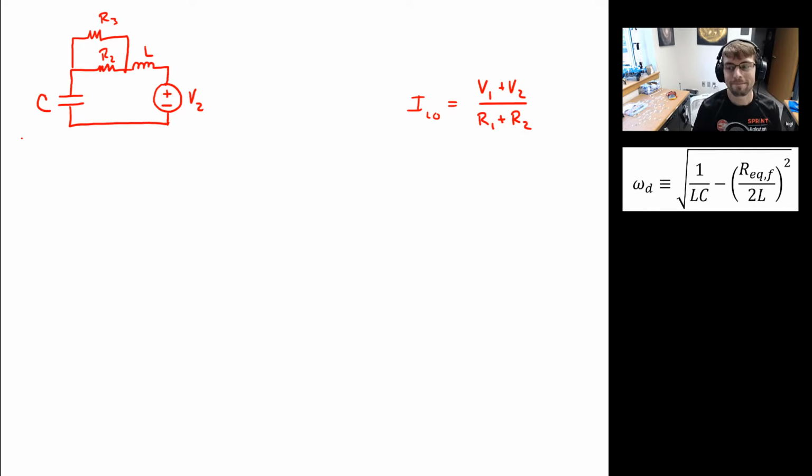Okay, so I have taken the liberty of rewriting the initial current going through the inductor, the minute that the switch is closed, or switch is changed, maybe I should say. And now the question is, we're trying to figure out how to relate this back to the capacitor.